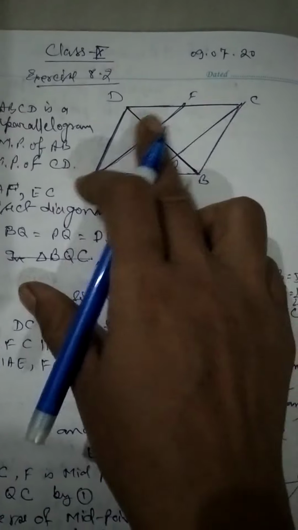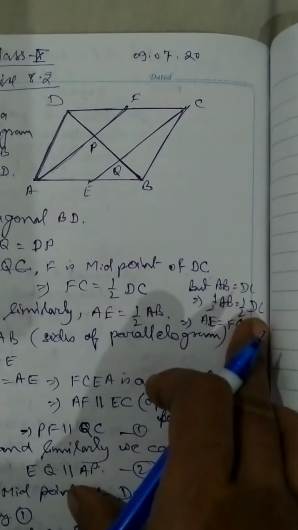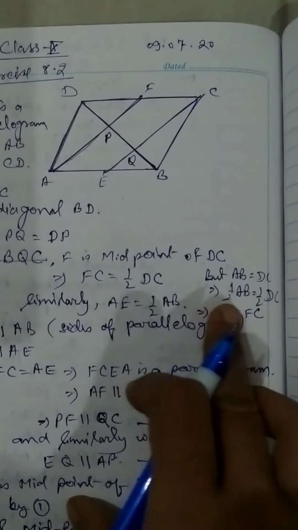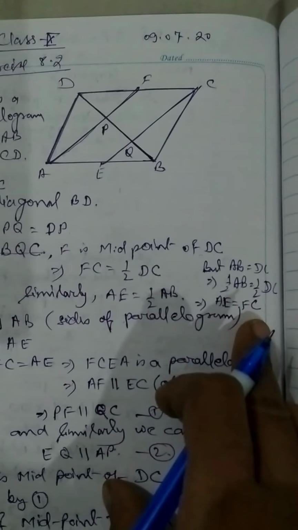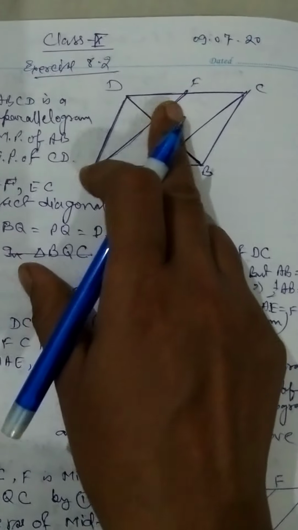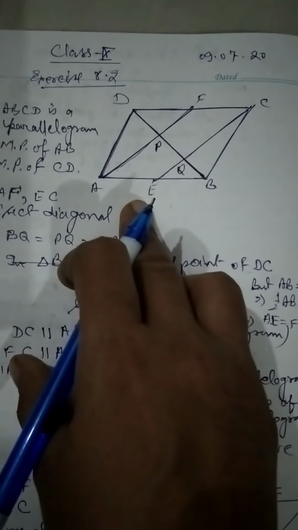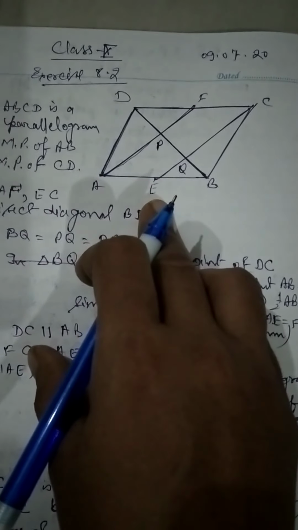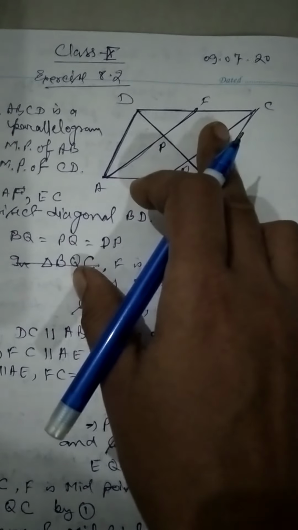That's why half of DC is equal to half of AB. Half of AB is AE and half of DC is FC. So AE is not only equal to FC but also parallel, because these two are parts of a pair of parallel sides. So now we have AE parallel to FC and both are equal.